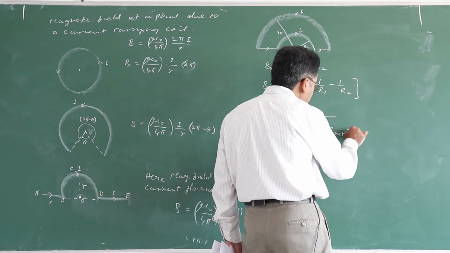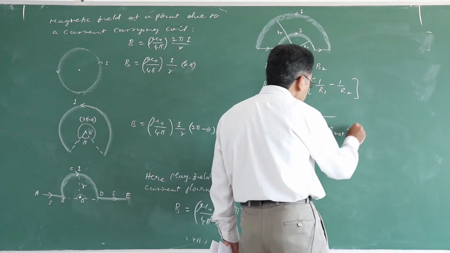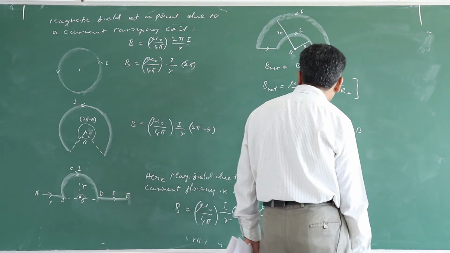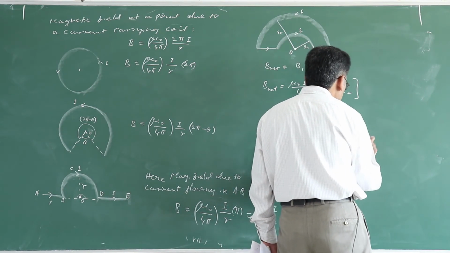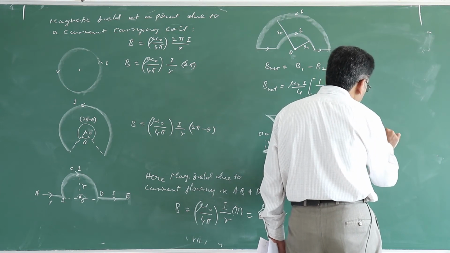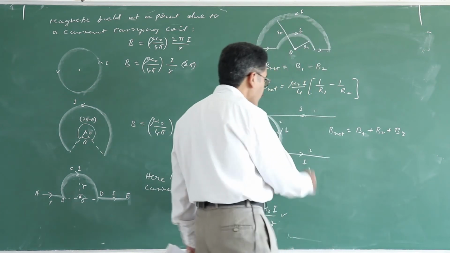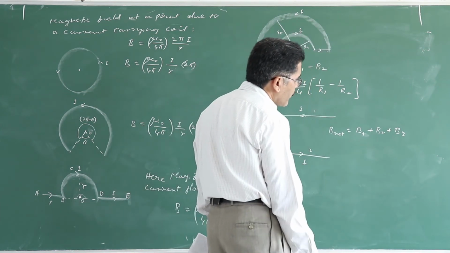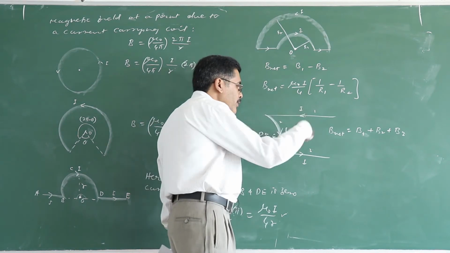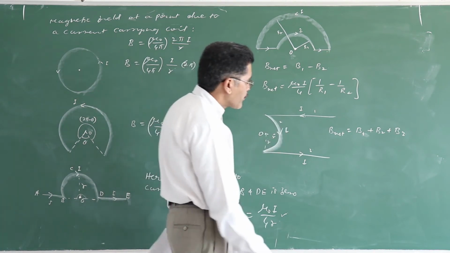B net is equal to, if I take 1, 2, 3, B1 plus B2 plus B3. See, here 1 and 3 are directed into the board, whereas 2 is towards you.